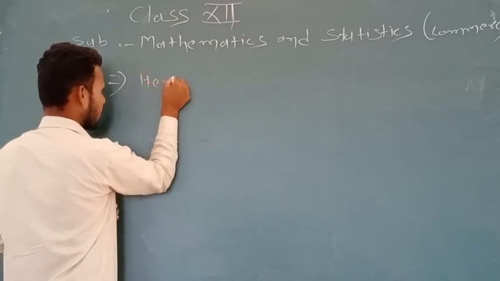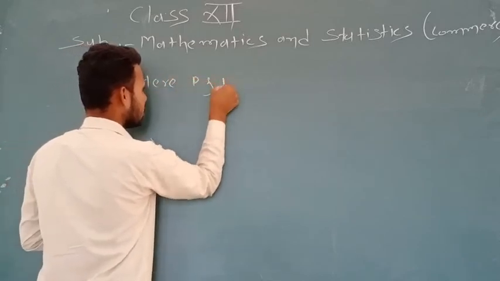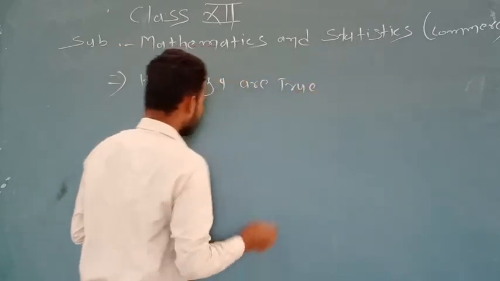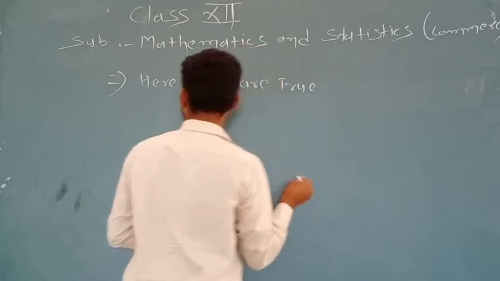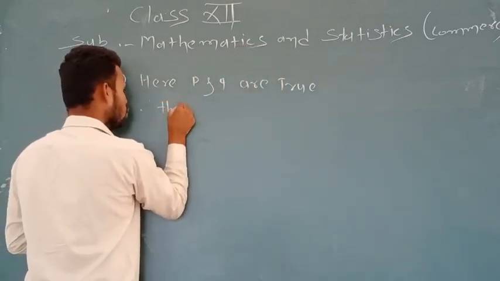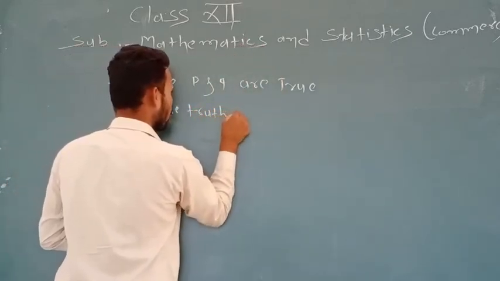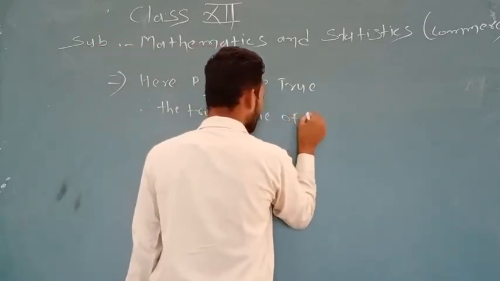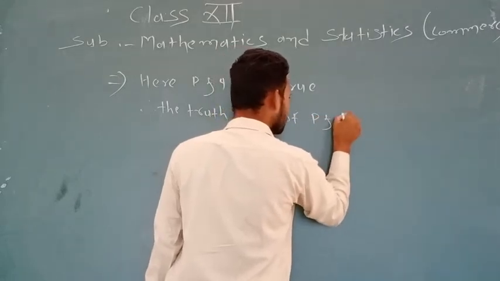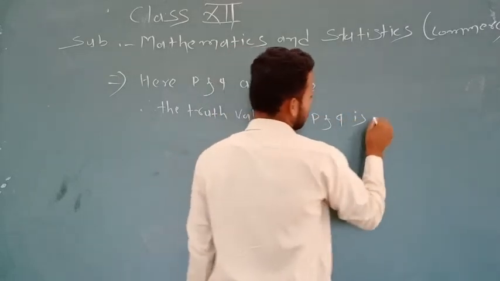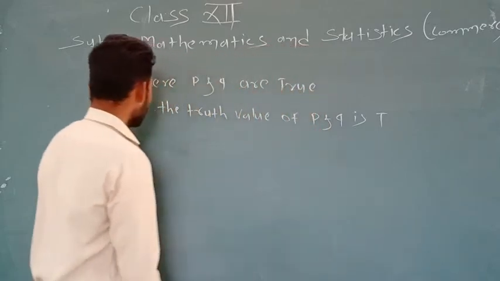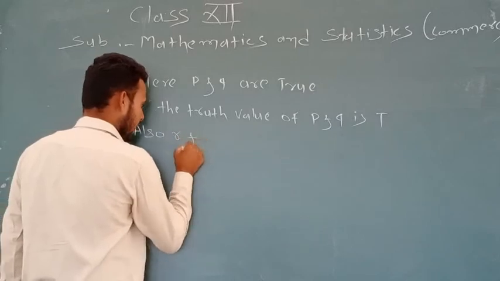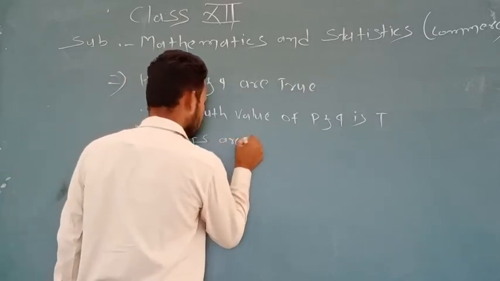In solution here, P and Q are true. Therefore the truth value of P and Q is T. Similarly, R and S are false.